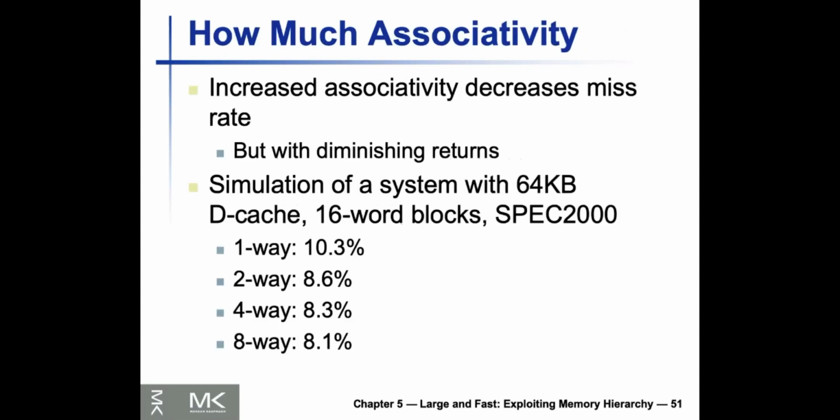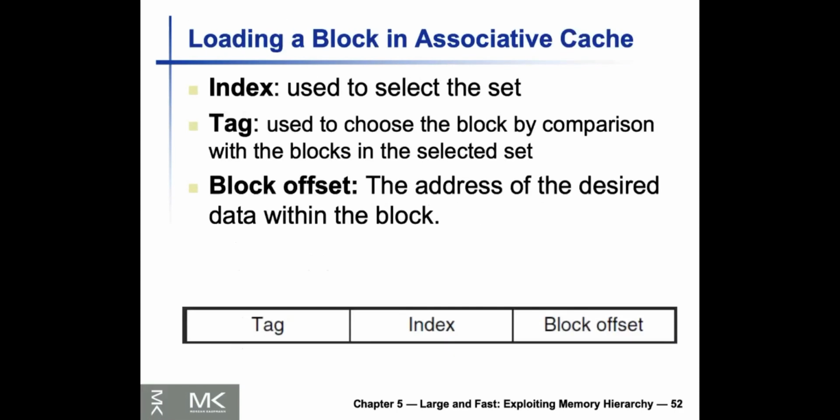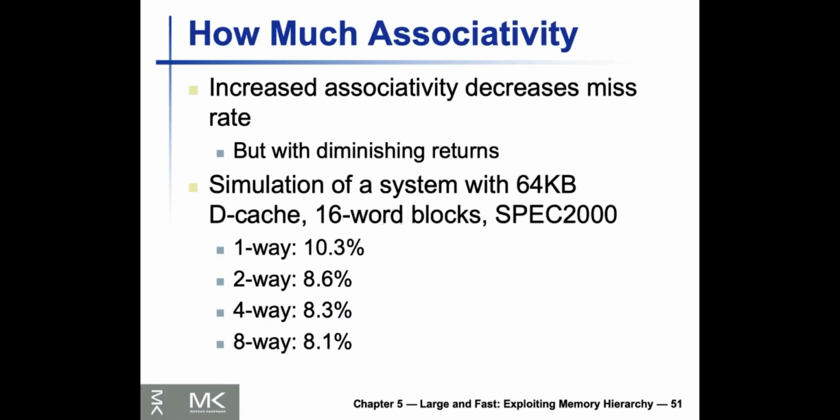Yeah, so we stopped on slide 51. All right. So we talked about the advantages and disadvantages of having all those 3 different caches. For instance, in one of the benchmarks that is very well known called Spec 2000, they have run a test, a simulation of the same size cache, 64 kilobyte of Dcache, and 16 word block.